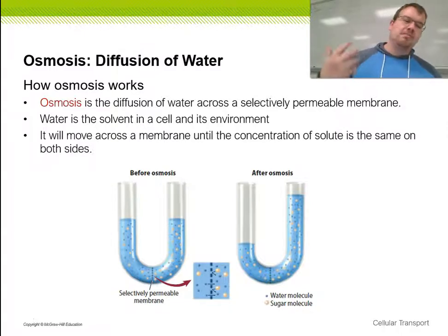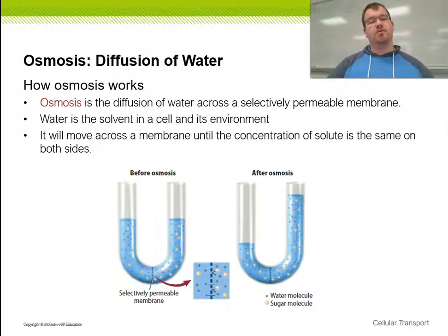Anyway, so osmosis, all right, this is just how the diffusion of water takes place over the plasma membrane. The diffusion of water across that selectively permeable membrane is the process of osmosis.